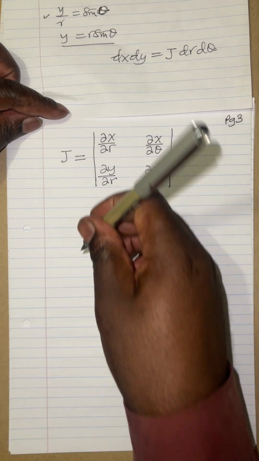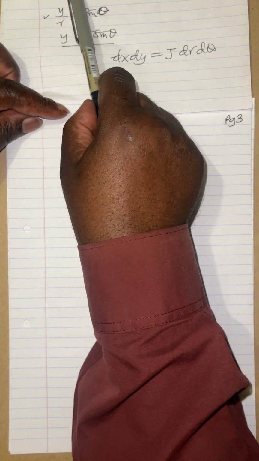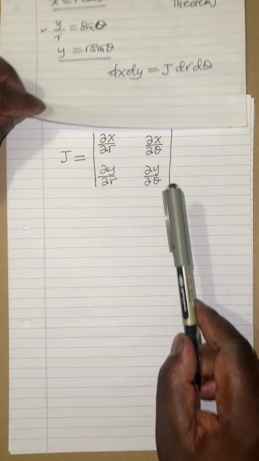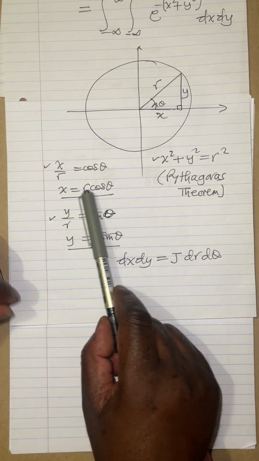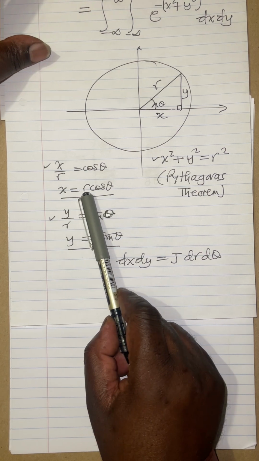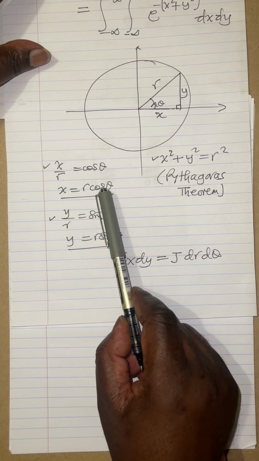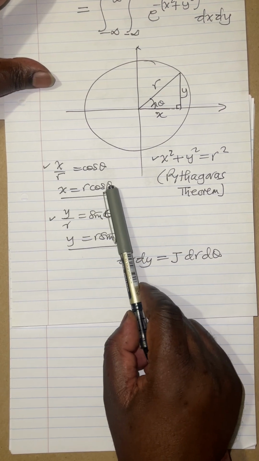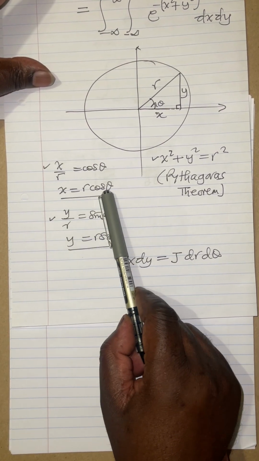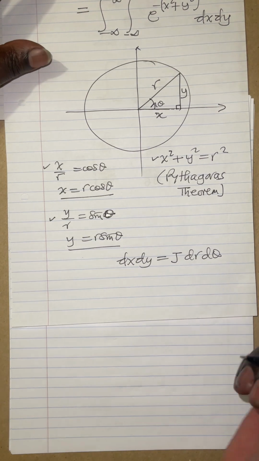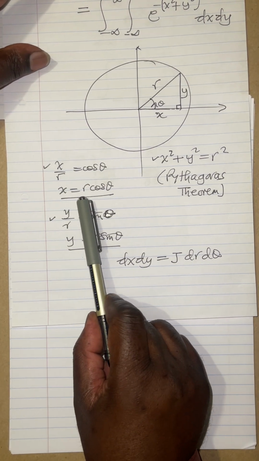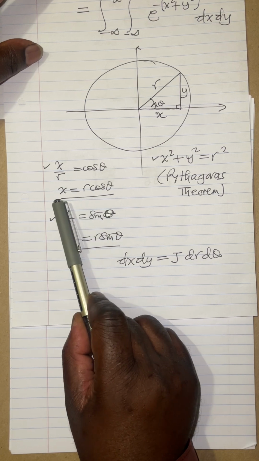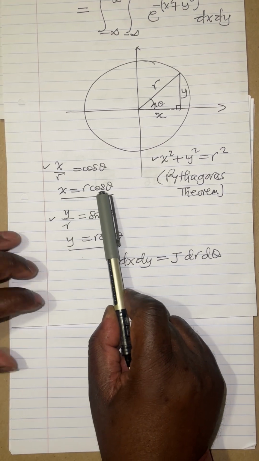Now let's differentiate partially x with respect to r, differentiating this equation here. Of course, that means we are going to treat cos theta as a constant. And when we differentiate x with respect to theta, we're going to treat r as a constant. So the derivative of x with respect to r, remember the derivative of r is 1, so it's going to be cos theta because cos theta is a constant.